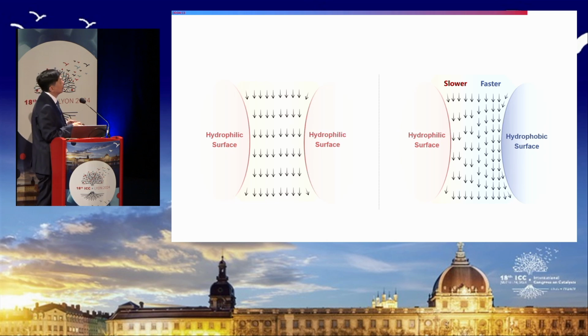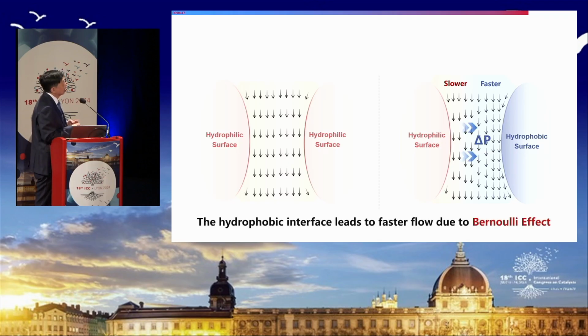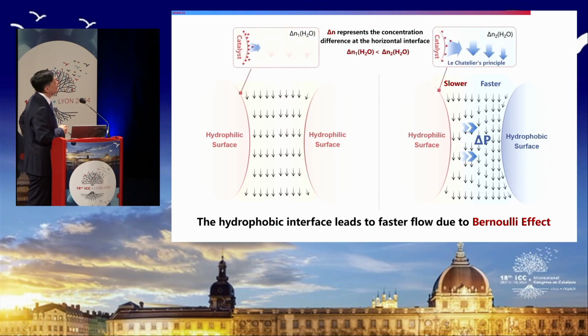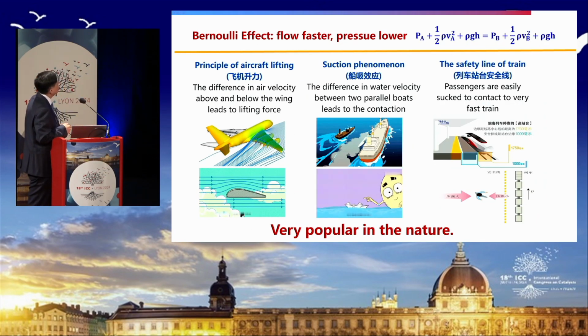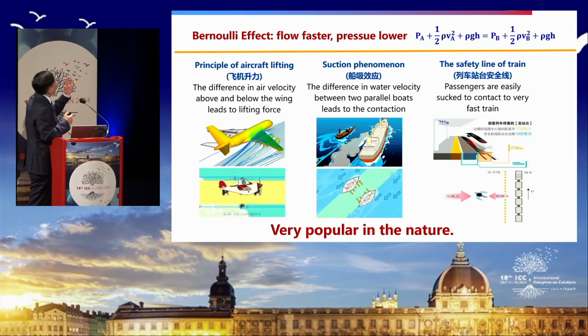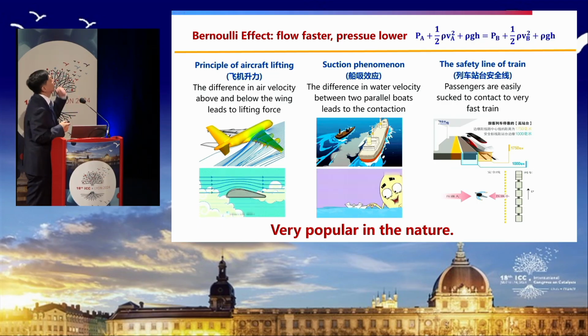Then there is a difference in pressure. This is the catalyst surface, and the water diffuses to this side, due to the Bernoulli effect. The Bernoulli effect is very common in nature. Here the diffusion rate is different, so we get air current lifting.